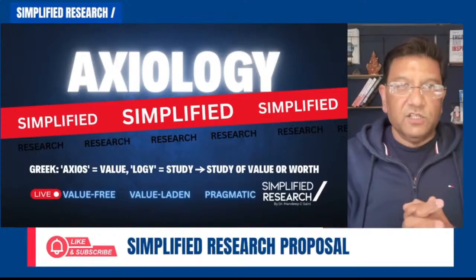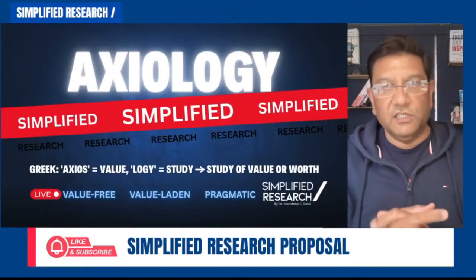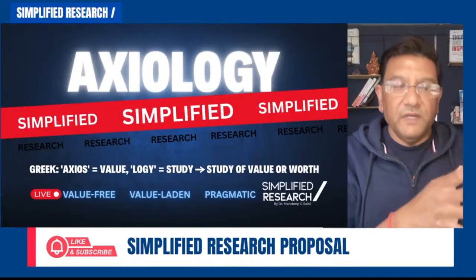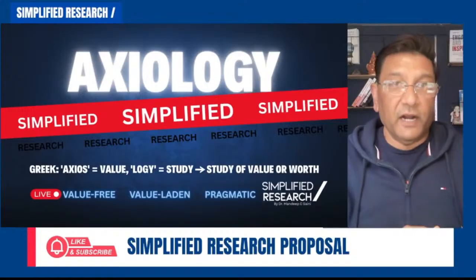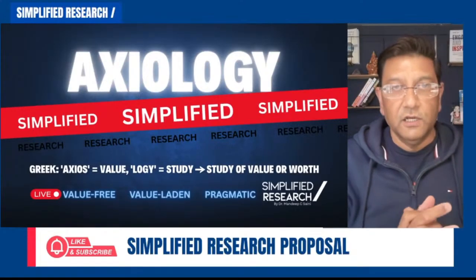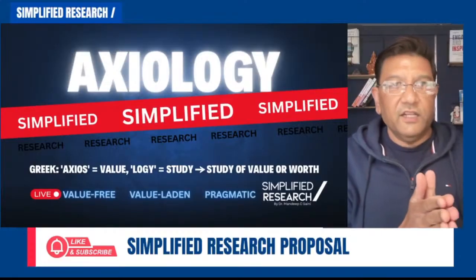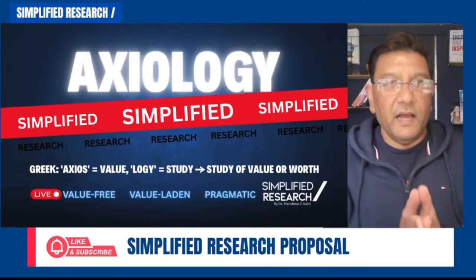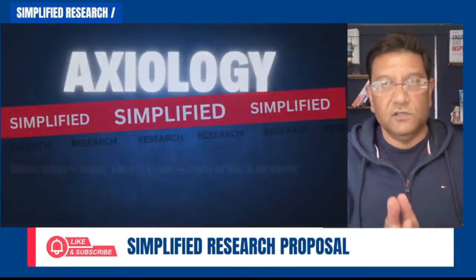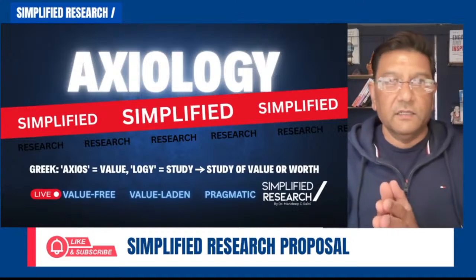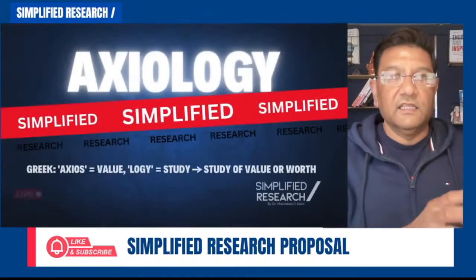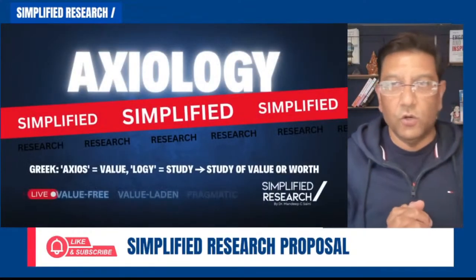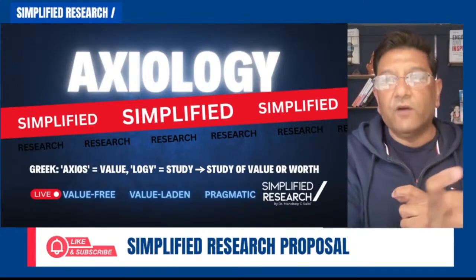In that case, since you had experience in that organization, or sometimes you come up with a topic that is related to the experience you had in that particular industry, sector, or organization, it is possible that you might be biased in your research. You might be biased to come up with the results of the research, or you might be biased that this is going to be the outcome of the research. Now, that bias is also related to the value you are putting.